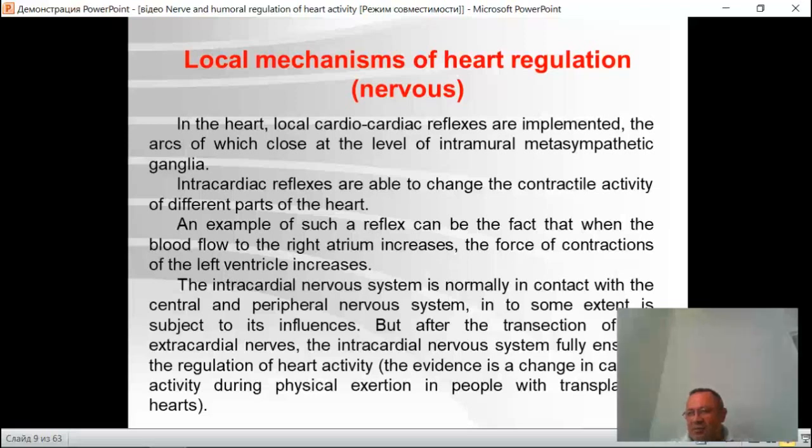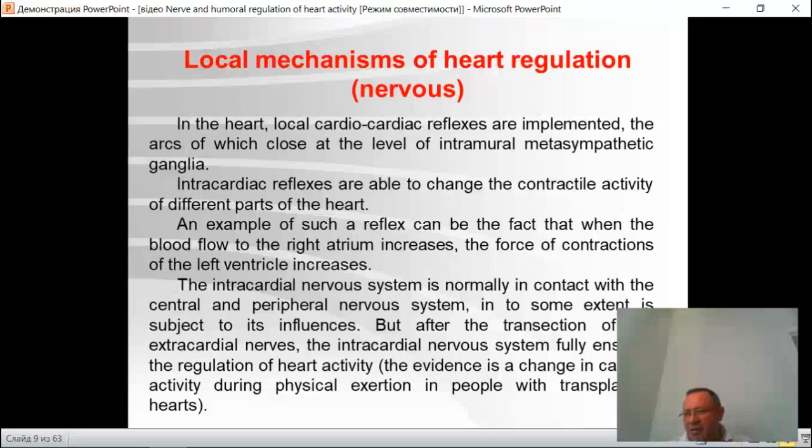An example of such a reflex is that when the blood flow to the right atrium increases, the force of contraction of the left ventricle increases. The intracardial nervous system is normally in contact with the central and peripheral nervous system, and to some extent is subject to its influences.